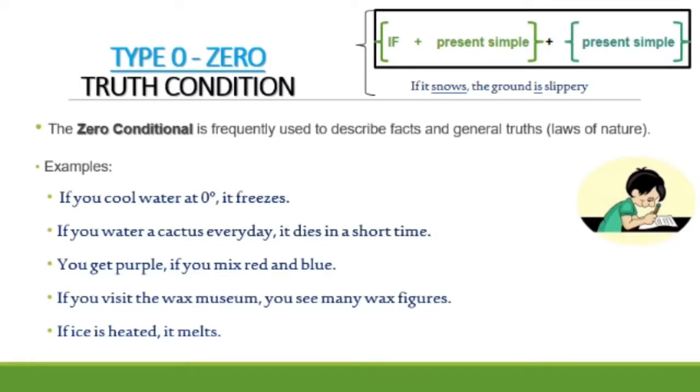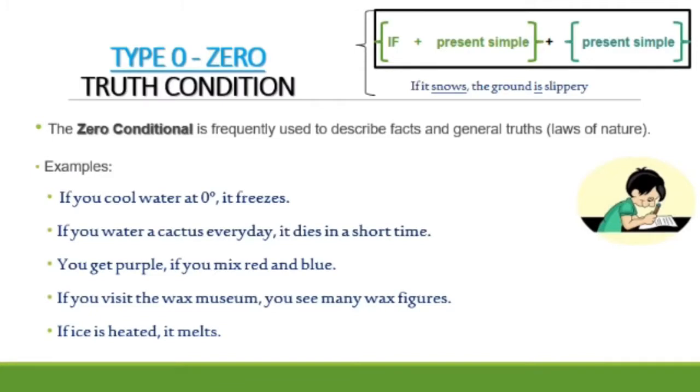Okay? So the 0 conditional is frequently used to describe facts and general truths, laws of nature. Examples: if you cool water at 0 degrees Celsius, it freezes. If you water a cactus every day, it dies in a short time. You get purple if you mix red and blue.